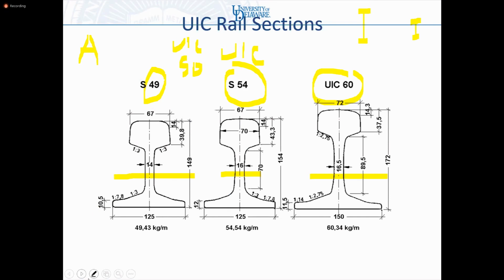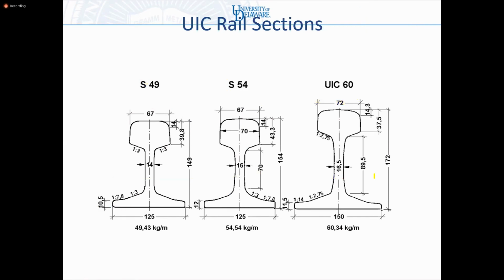Let's clear the screen. Okay, let's take my UIC 60 rail. So this is the height of my rail, 172 millimeters. That's H. And C, remember your neutral axis of the rail?